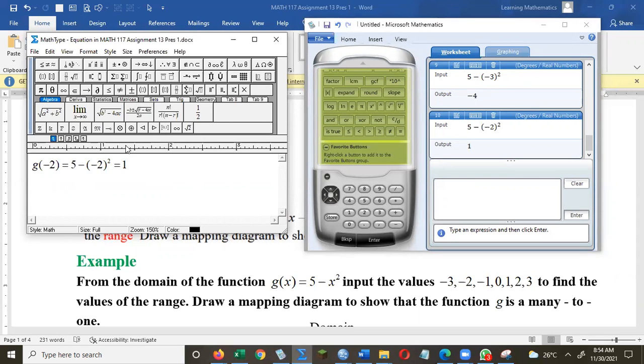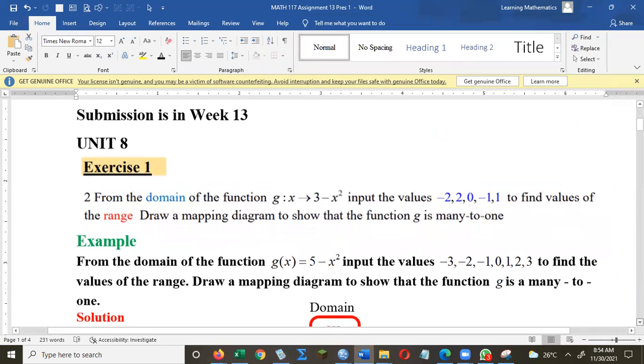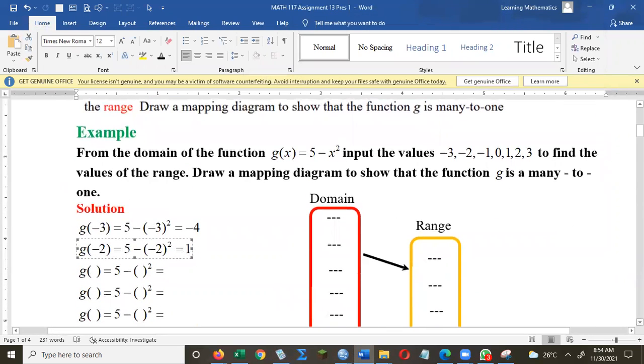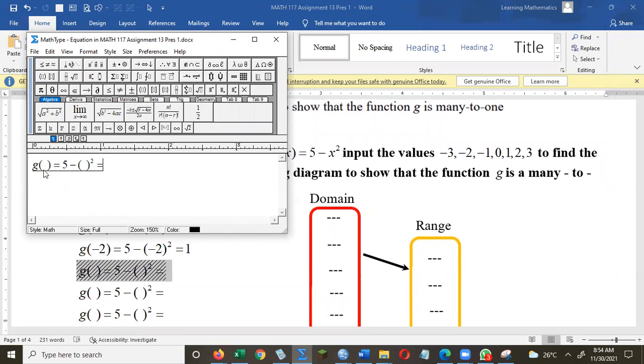So that calculation is equal to 1. Did you get 1? Let me see if you figure out what is going on. What number should I put in that bracket?